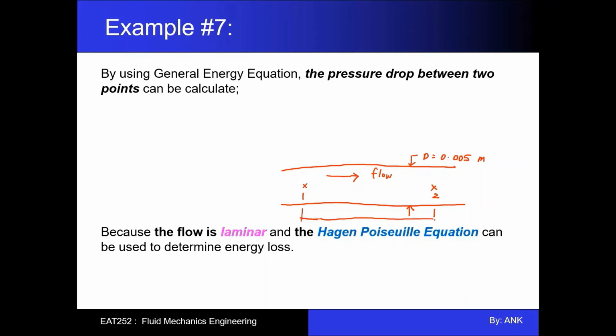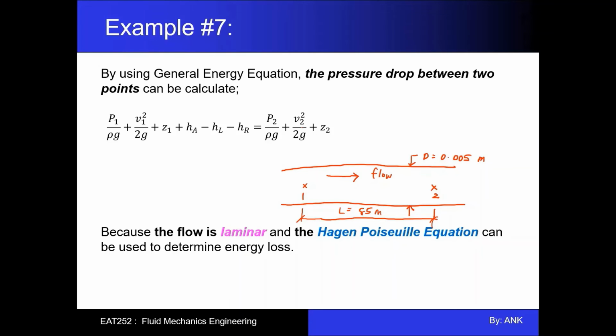So the total length from point 1 to point 2 is 85 meter. Now we write the energy equation between these 2 points, point 1 and point 2.